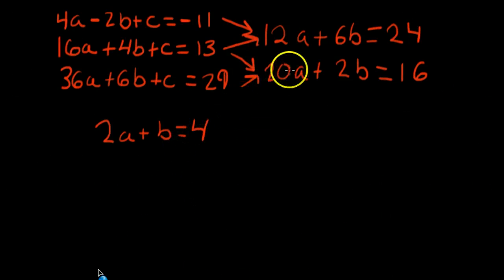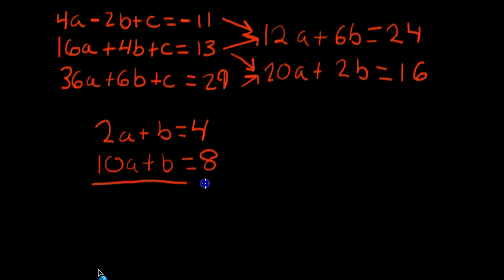And then looks like we can factor out a 2 right here, and then it'll get us 10a plus b equals 8. Now, we can do another linear combination right here.